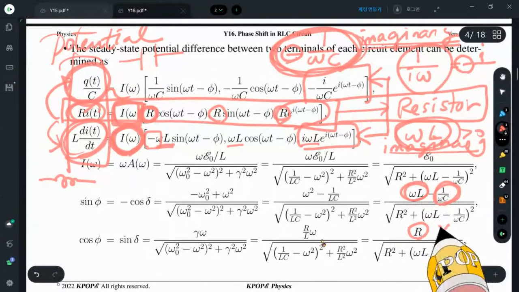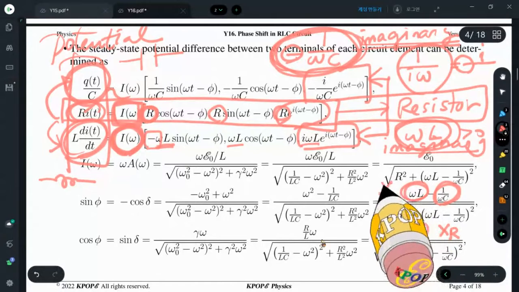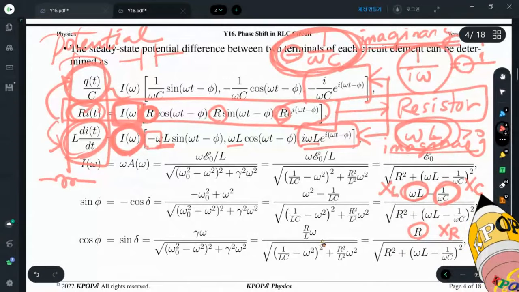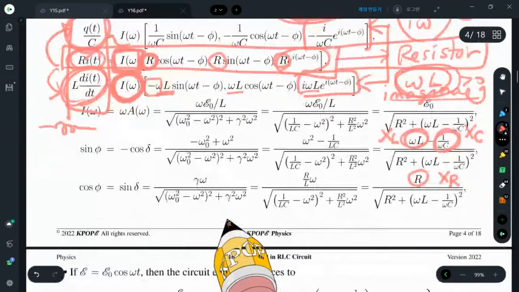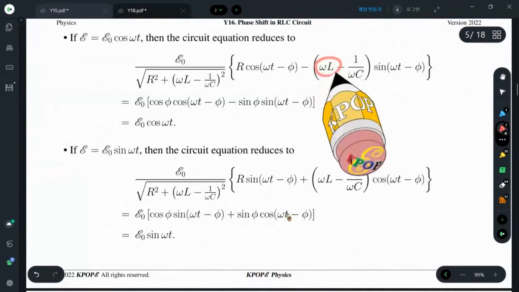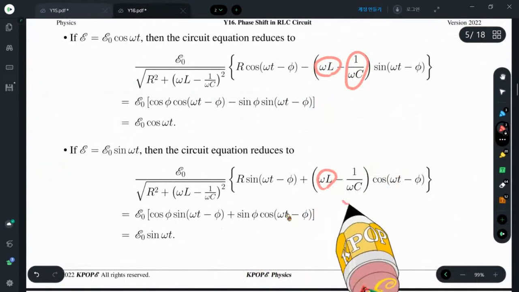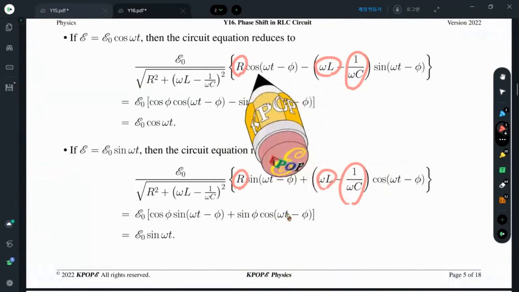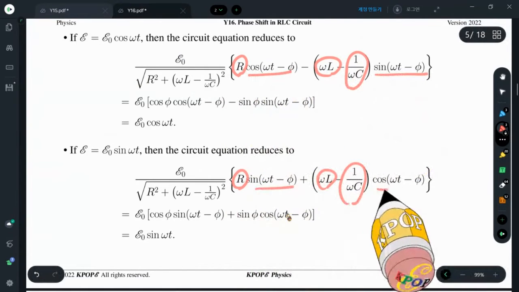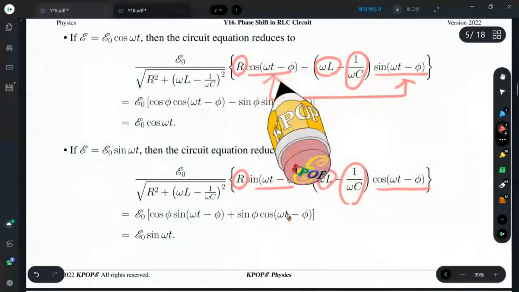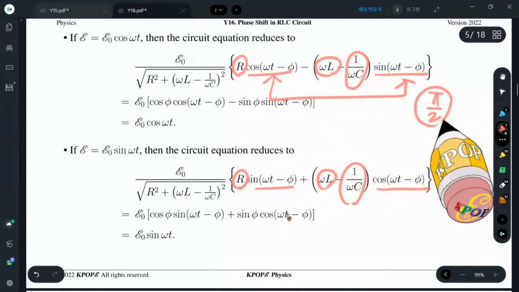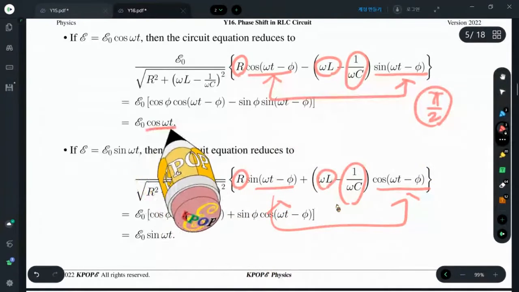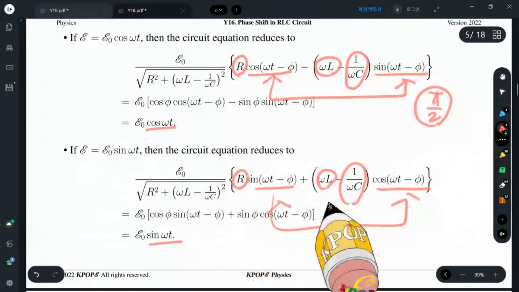Why don't we call this one XR, XL, and XC? Okay. We find this form repeatedly. And these guys have phase difference by half a pi, if we consider cosine, sine, in any case.